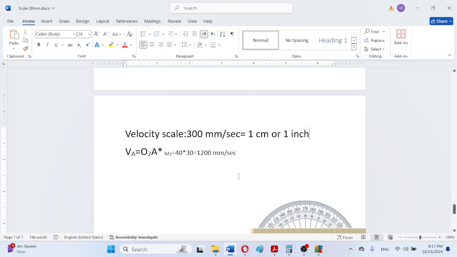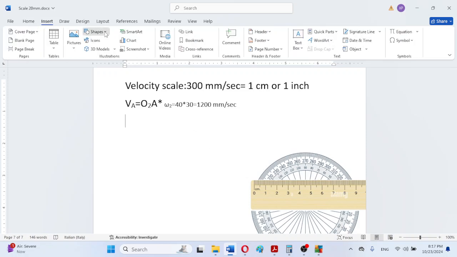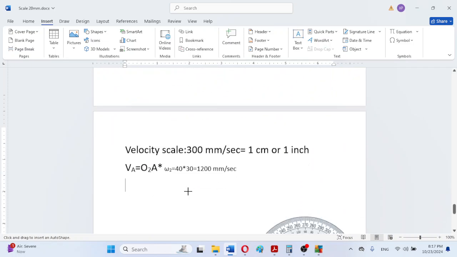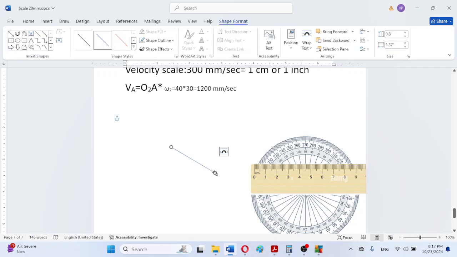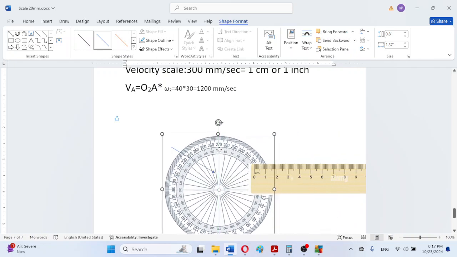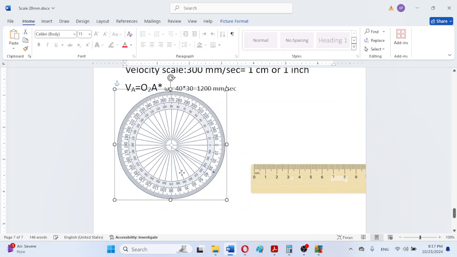According to this scale, we will first of all be drawing the velocity VA, and the orientation of the velocity VA is known. So its magnitude and direction are both completely known.